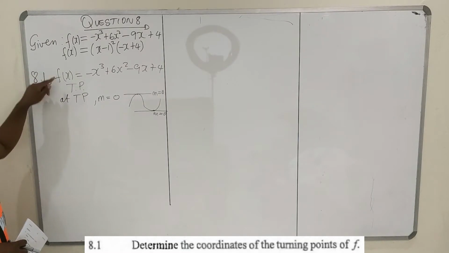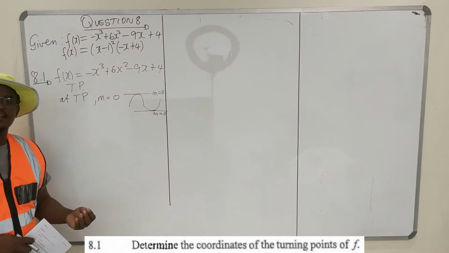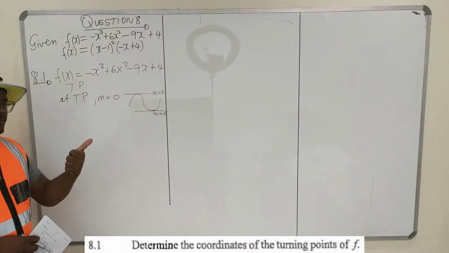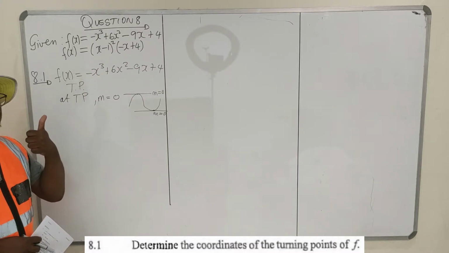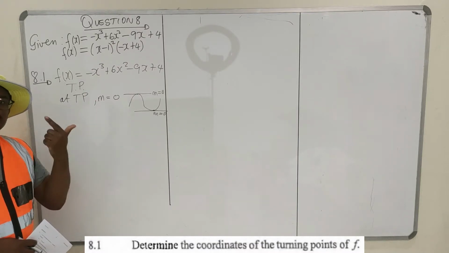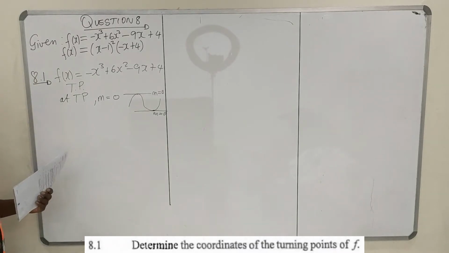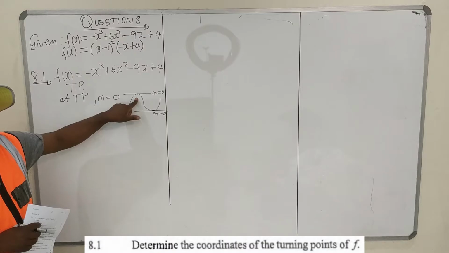So how do we find a gradient? It depends. Do you want an average gradient or the instantaneous gradient? We don't want any average gradient. We want the gradient at that point.